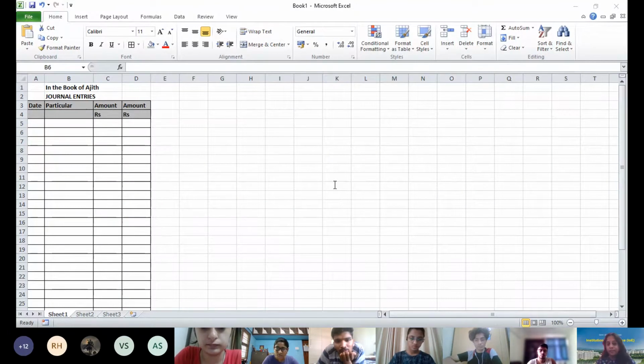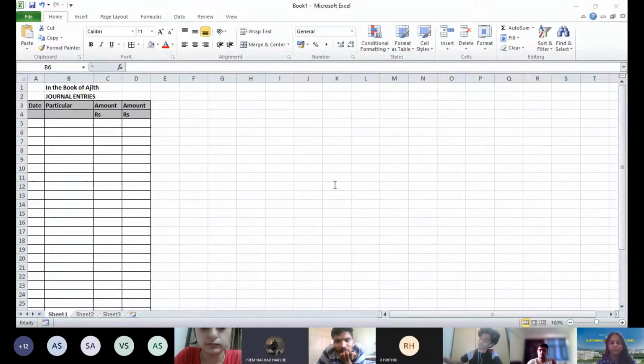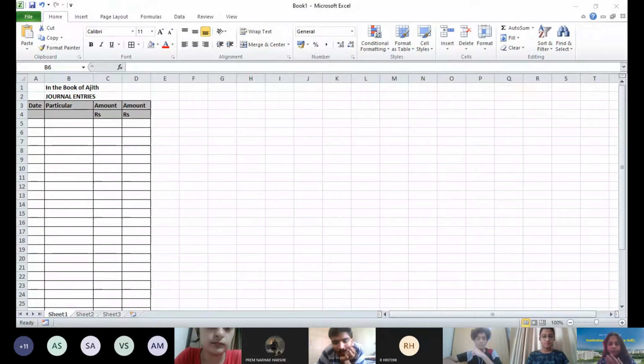Asset is there, purchased thing, and he's invested 5 lakh. Are you getting it? So there are three aspects. Personal is there, real is there. Am I right? Yeah, debit the receiver, credit the giver. Debit what comes in, credit what goes out. Am I right? So these three things are there.